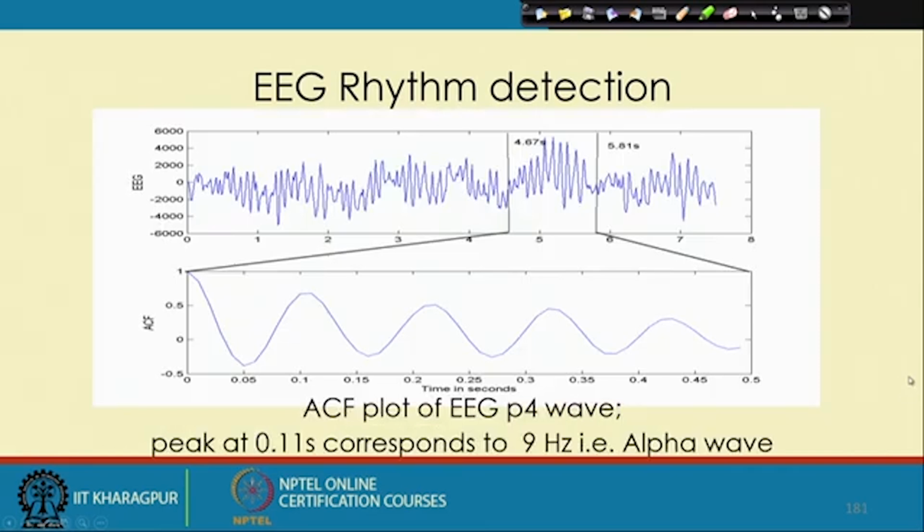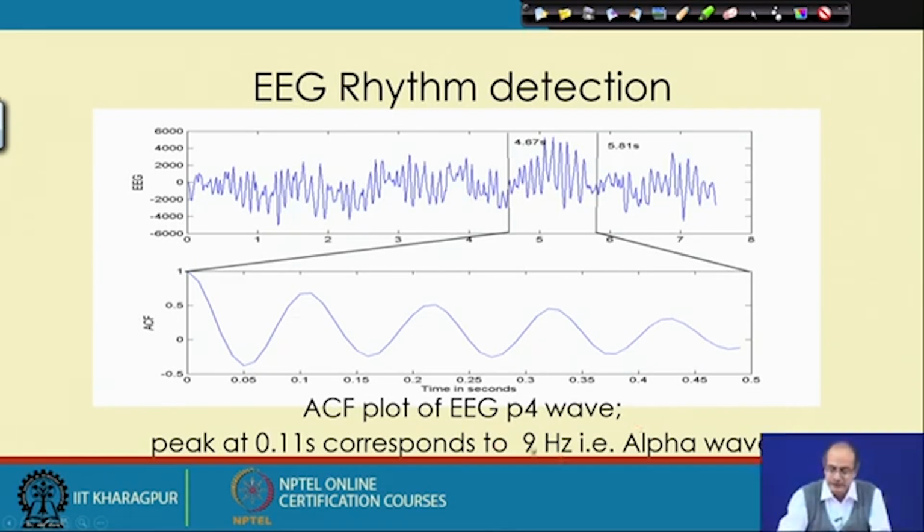Now we go back to the signal P4 that we took earlier. The part of the signal from 4.67 second to 5.81 second is marked as alpha signal by an expert, and taking that as a reference, we computed the autocorrelation function of the overall signal, which has a total duration of 7.5 second. We computed the ACF and could get peaks.